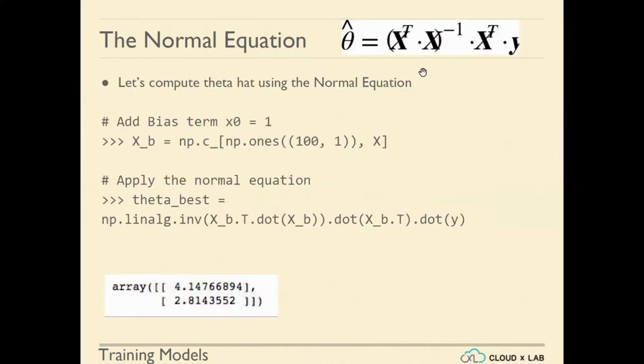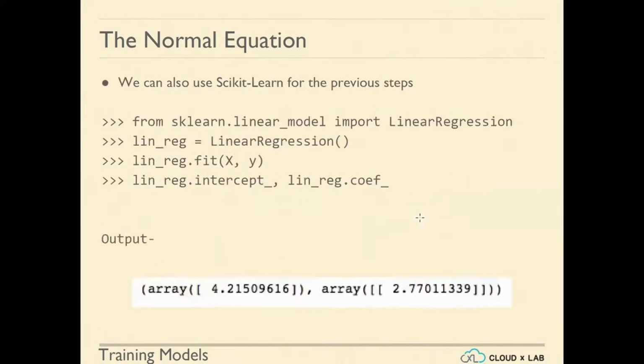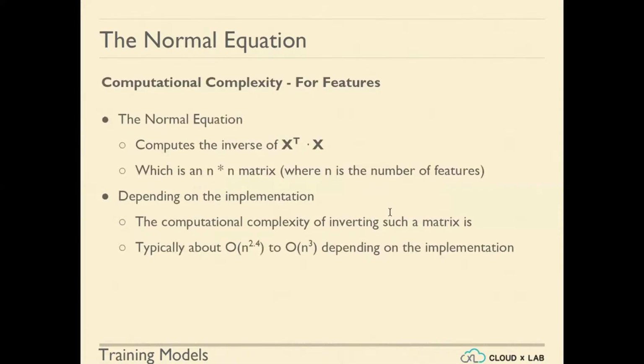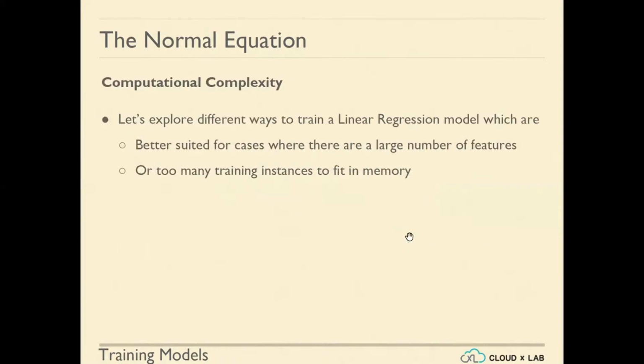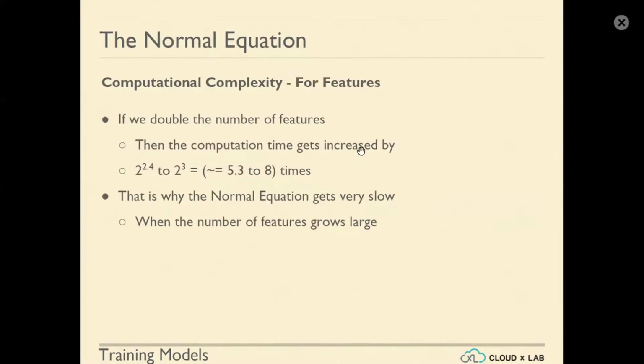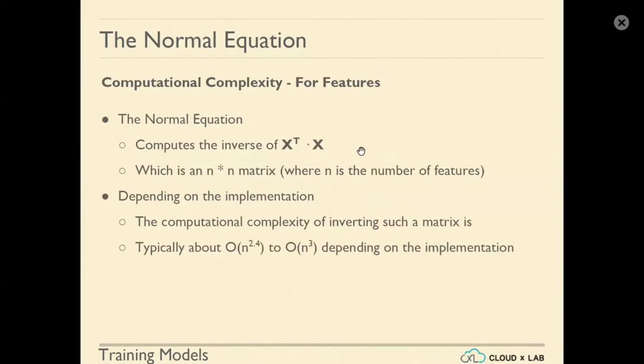So we must have sufficient memory to load these matrices in memory, right? So time and space is the problem, right? But yes, if you have only 1,000 data points, if you have let's say hundreds of features, then you can use this method very easily, right?